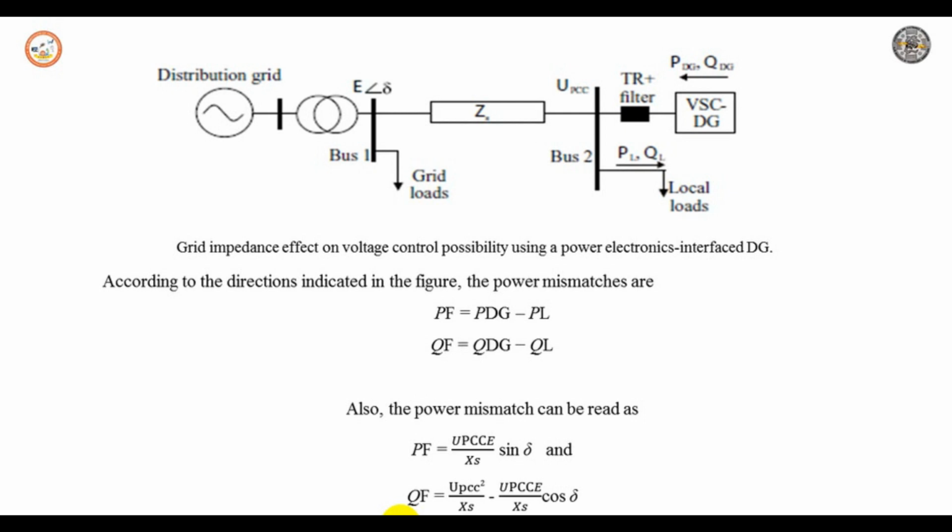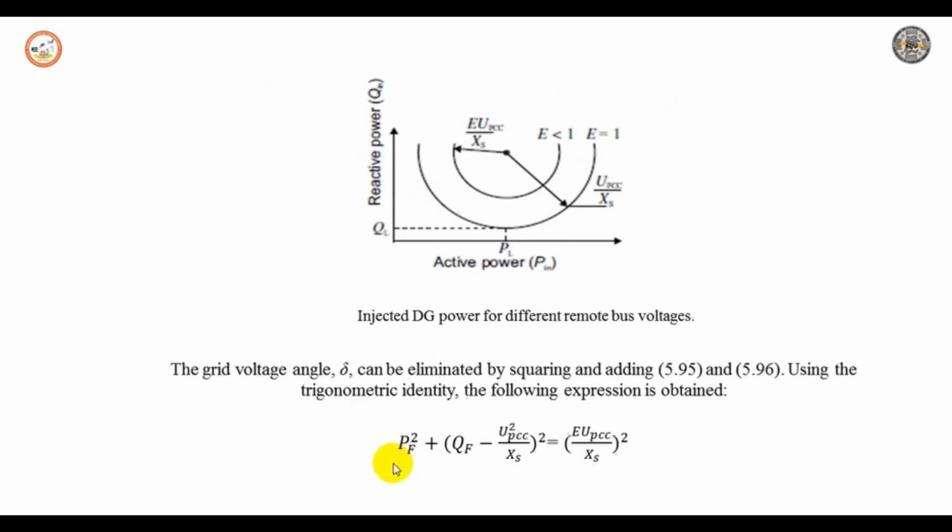For better understanding of such limitations, consider for simplicity that the impedance is assumed to be purely reactive, that is jX S. The power flow through the feeder, P F and Q F, represents the power mismatch between the distributed generator injected power and the consumed load power, P L and Q L, according to the direction indicated in the figure.